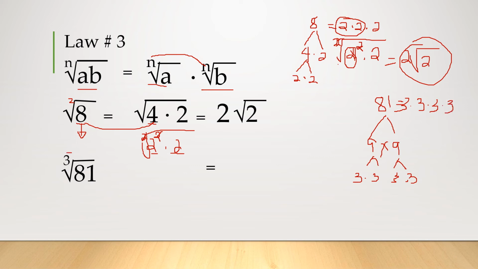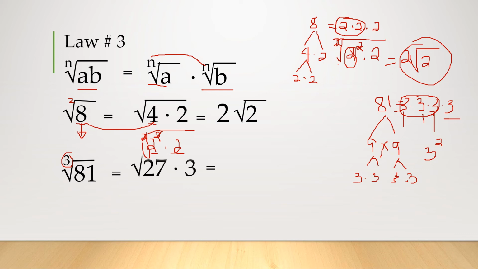And since this is a cube, I'm just going to have here 1, 2, 3. It means 3 cubed. And this one is remaining, which is not a perfect cube.